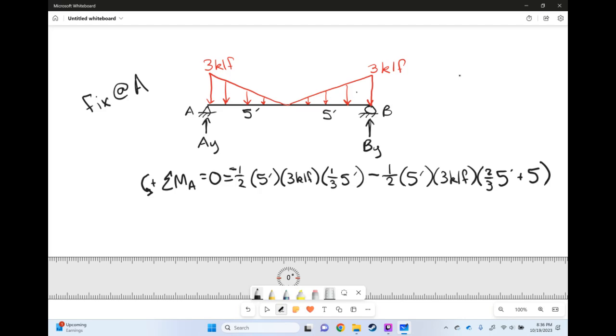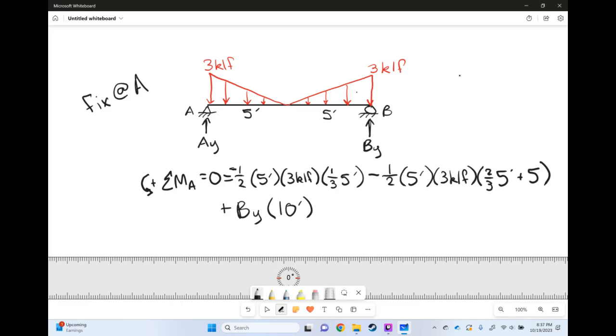Then we also have BY, and BY is going to be causing positive rotation for once. So we have plus BY times his distance of 10 feet. Set it all equal to 0. You have two negative numbers and BY, so when you move the negatives to the other side, BY will be positive.